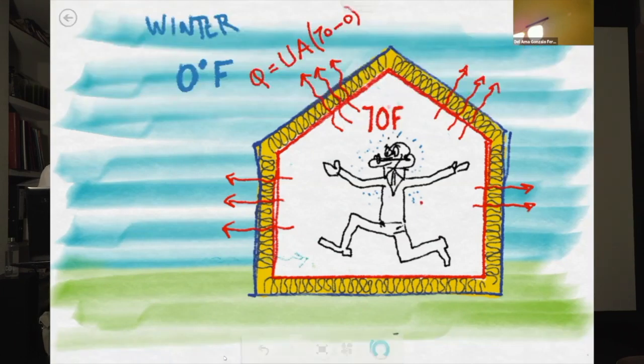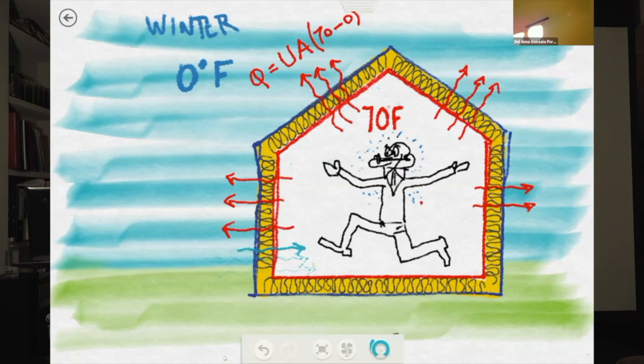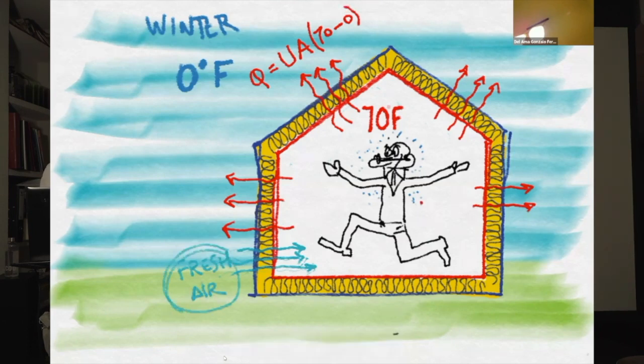Well, this guy was sweating, and we need fresh air within the building. You can see the arrows. So we need fresh air. The problem is that this fresh air is at outdoor temperature, in this case 0 Fahrenheit. So it's very cold.